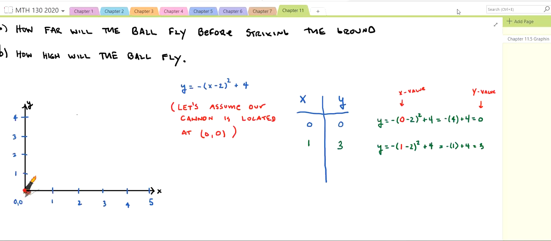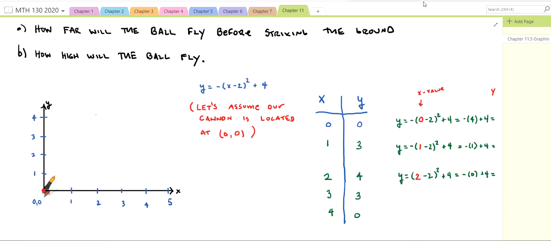When x equals 2 then, keep the colors the same, x equals 2, we get this relationship, and y equals 4, because minus 0 plus 4 equals 4. And then I will let you work out these next ones. When x equals 3, y equals 3, and then when x equals 4, y equals 0, and that's enough for now.